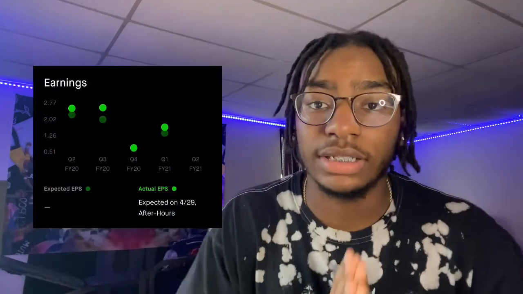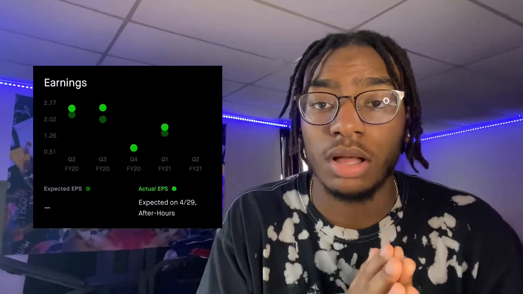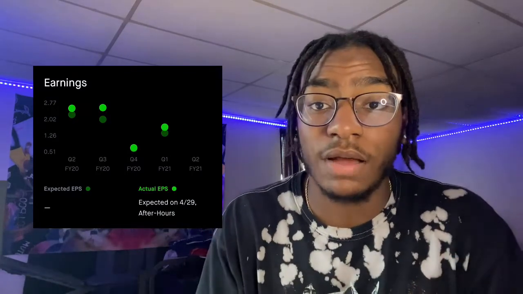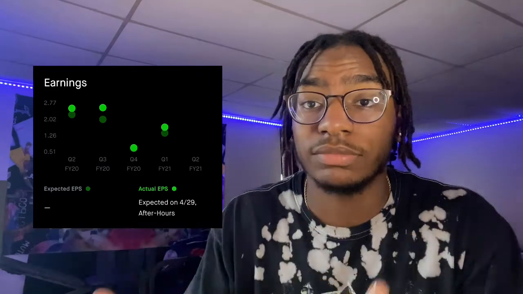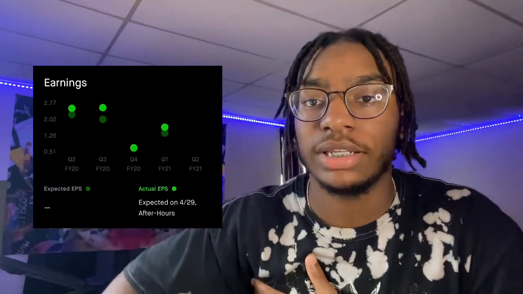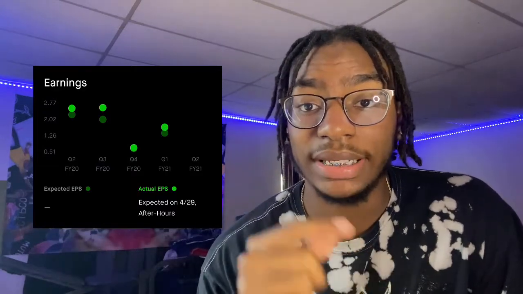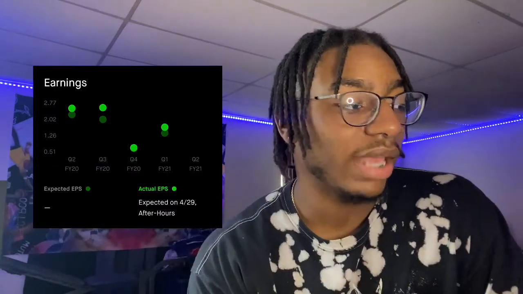The next section is quite simple: the earnings. The earnings basically show how much profit or how much revenue the company has brought in over time. I like to see that the company has been beating earnings. Here we have two colors.